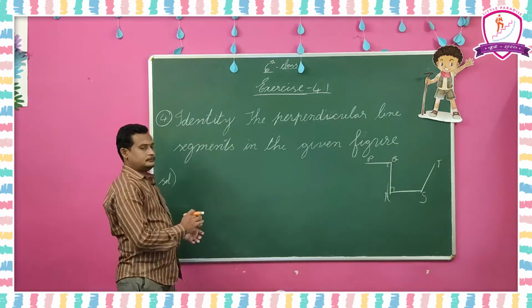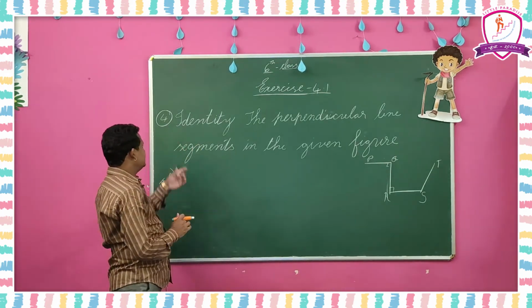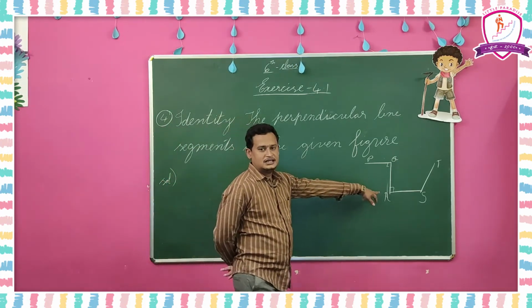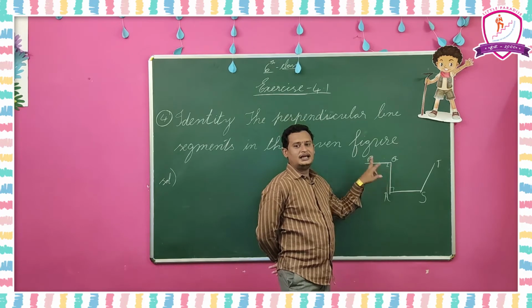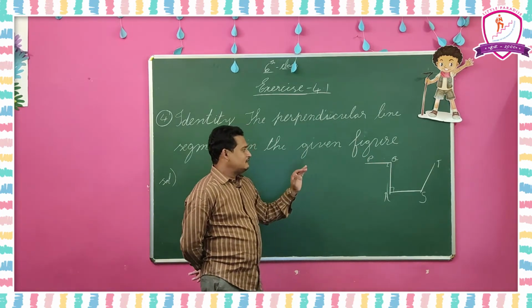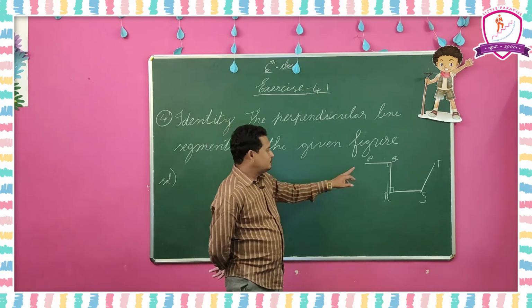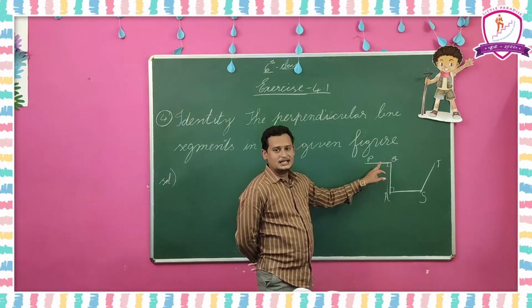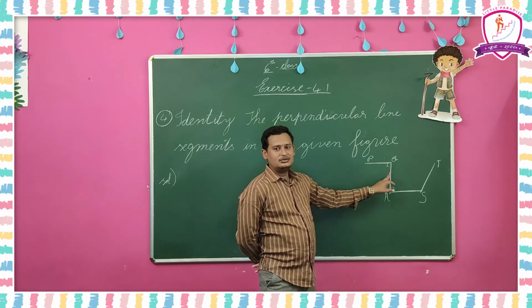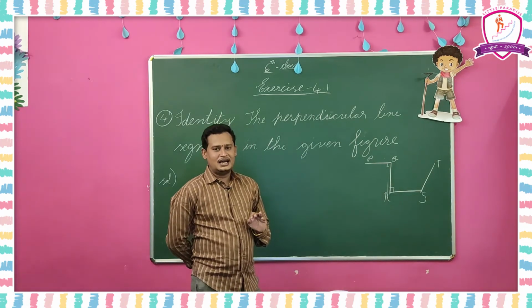Okay. Here in the fourth question, identify the perpendicular line segments in the given figure. In this figure we have to find how many perpendicular line segments there are. Perpendicular means that if the angle between two line segments or two rays is 90 degrees, those two lines are called perpendicular line segments.